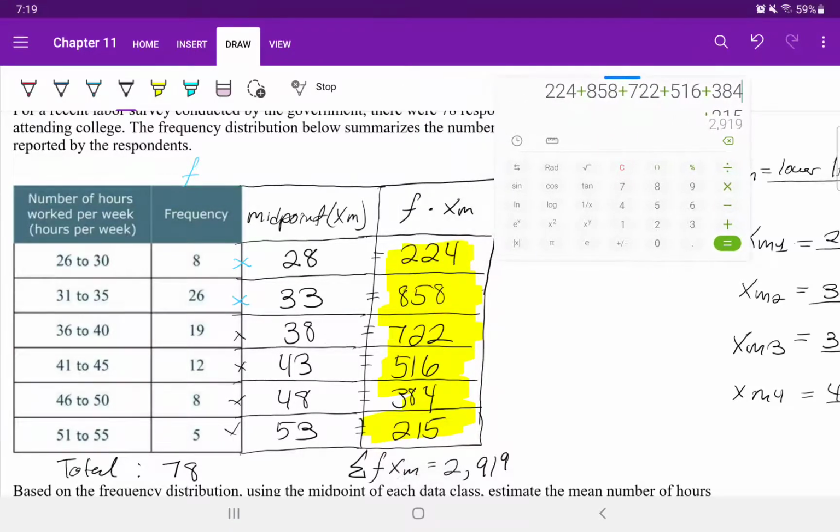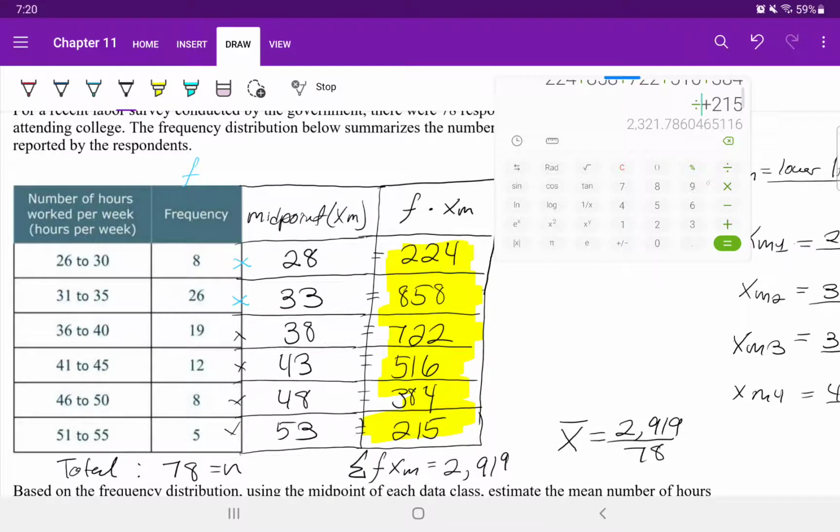To find the mean, the average, after I find the sum of my frequency times my midpoints, we need to divide that by the total sample size, which is 78. N is 78, according to the formula. So 2,919 divided by 78 equals, take one number after the decimal, that's going to be 37.4.